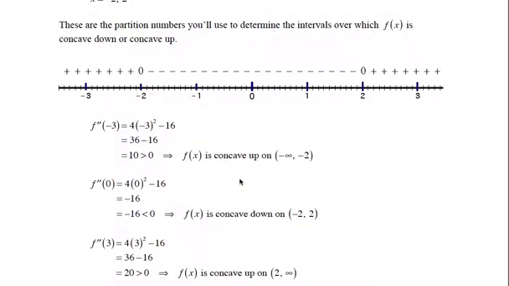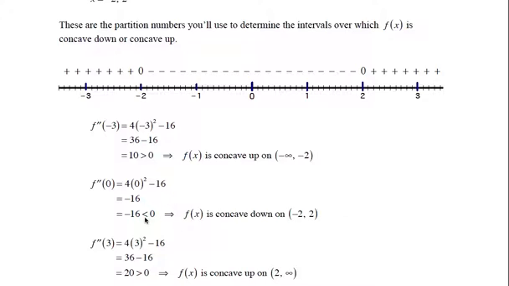Then, as we always hope to, we can choose 0 as one of our values, and because 0 is between -2 and 2, we can use it. We can evaluate the second derivative there, and of course that's easy. It just leaves -16 as the value of the second derivative at 0.